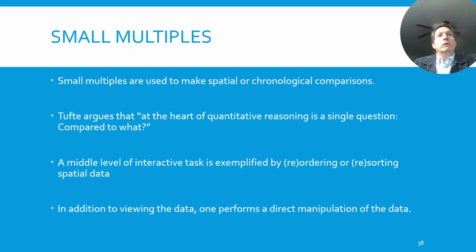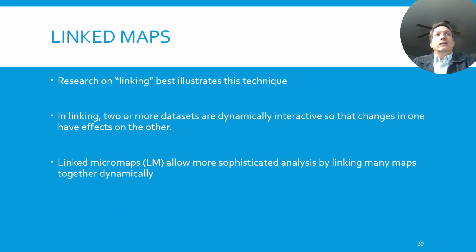In the example I was showing you, it was a chronological comparison. And we can also have reordering or resorting of that spatial data in the way that I was showing you, where you can just select some of the windows of observation, and that's going to help you to focus, or again, brushing or highlighting, or doing different operations over the data.